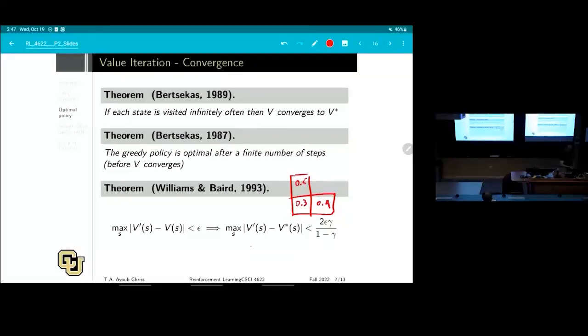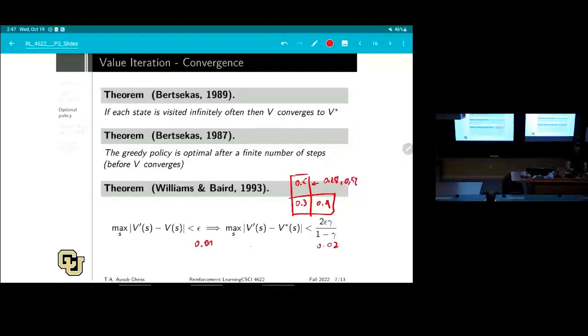So if I reach the case where I have the bound here is 0.1 and the bound here is 0.2, then I don't have to train more. Okay? Why? Because I know that the optimal value function will actually be between 0.48 and 0.52.